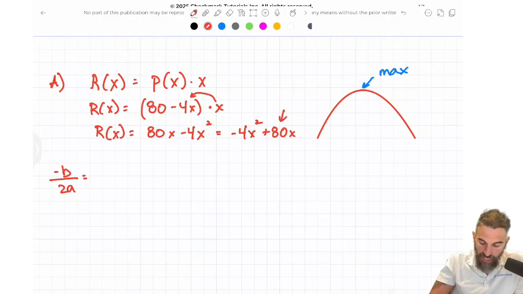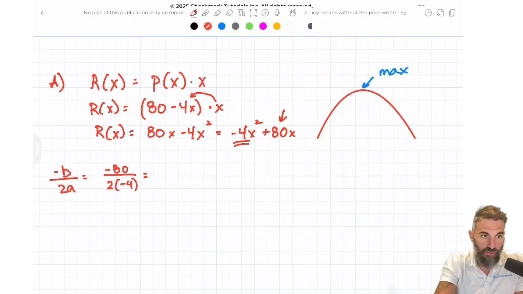Your b here is 80, so I'll do negative b, negative 80, over 2 times a, which is negative 4. So minus 80 divided by minus 8 is 10. So I know that the x coordinate of my vertex is 10.